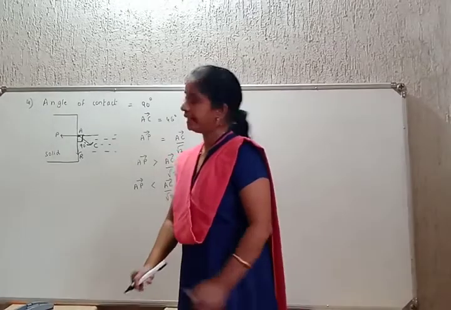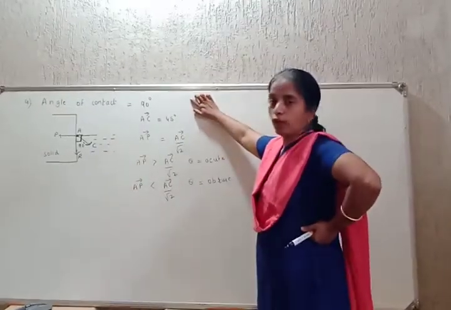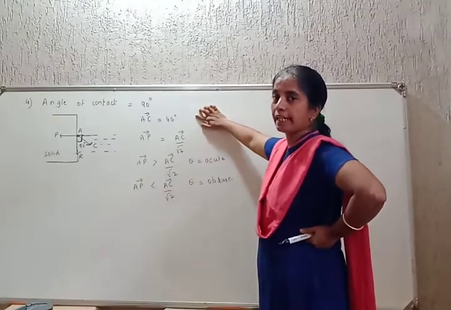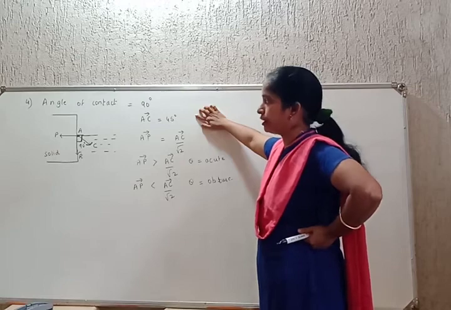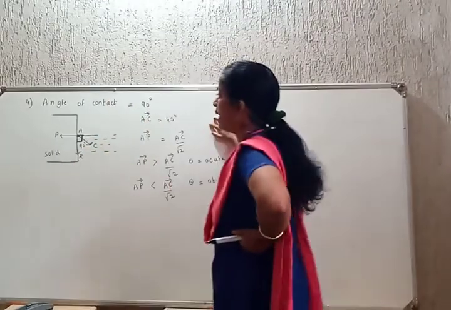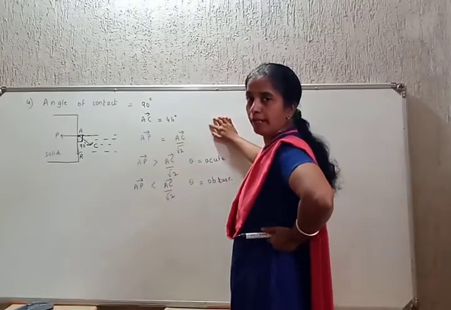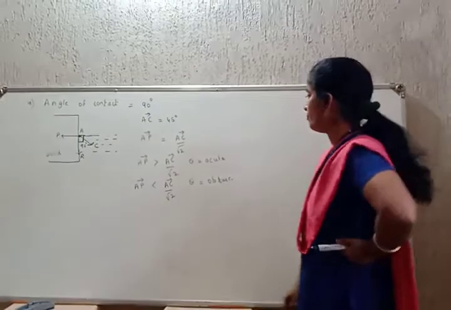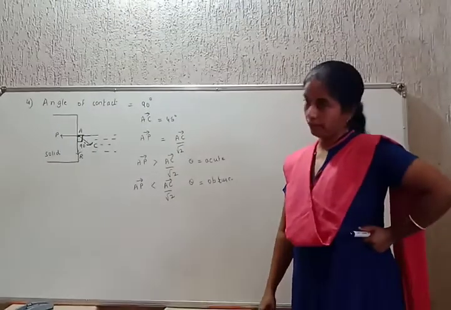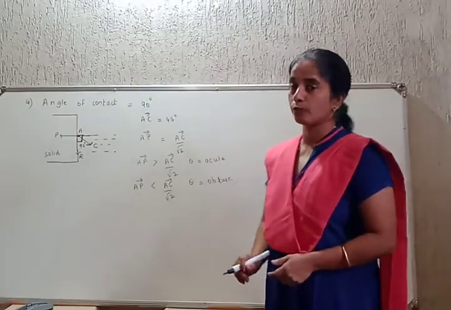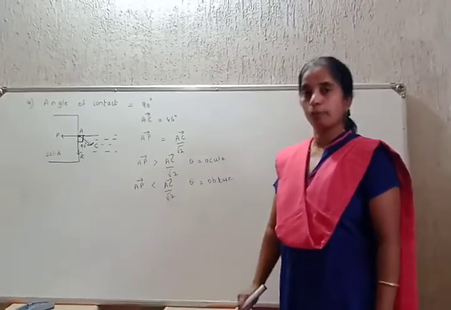When the angle of contact is 90 degree, the cohesive force makes an angle 45 degree with the horizontal. Horizontal is the solid surface. AP is AC divided by root 2. If AP is greater than AC divided by root 2, angle of contact is acute. And if AP is less than AC divided by root 2, angle of contact is obtuse.